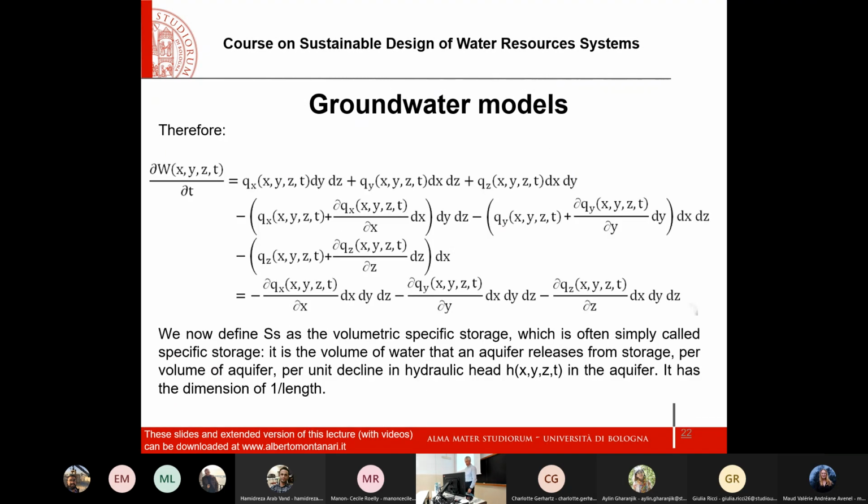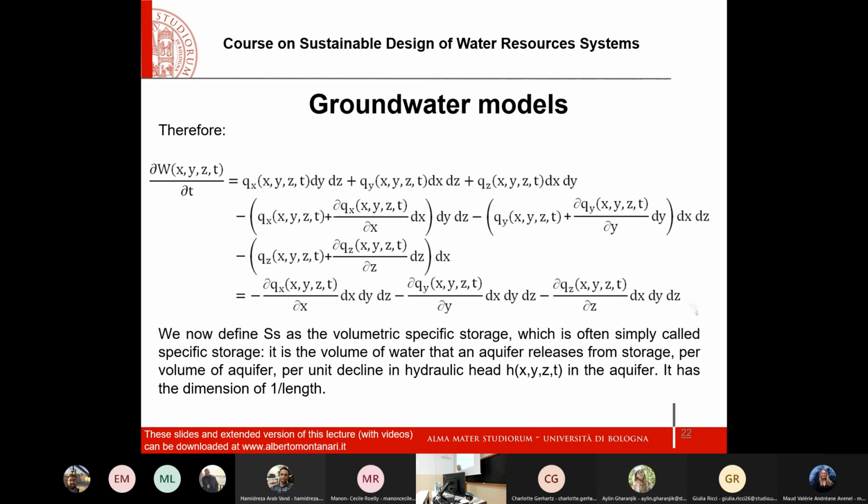Okay, now if we substitute here, we have the change in volume, which is equal to inflow minus outflow. And inflow is just given by the lowercase q multiplied by the areas.